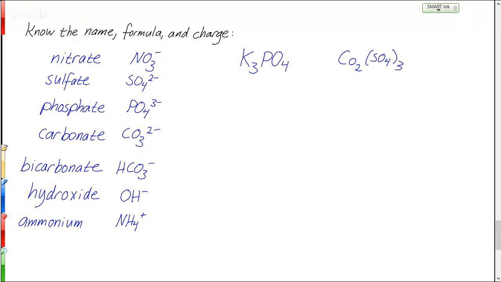Let's try these two to start with. So we've got two compounds. First, we're going to ask, are they ionic, and which kinds of ions are they?